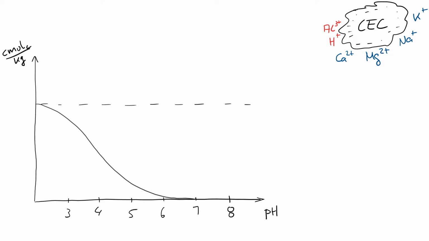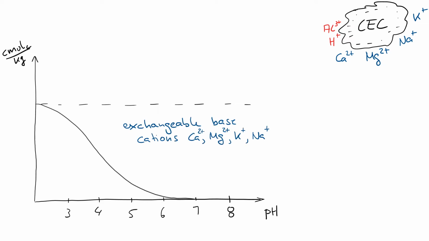So as we just learned, the buffering essentially fills up the cation exchange sites with aluminum or hydrogen over time, if that is the progression of a soil. Now let's take a quick look at the graph that shows pH on the x-axis and the charges per kilogram of soil on the y-axis.